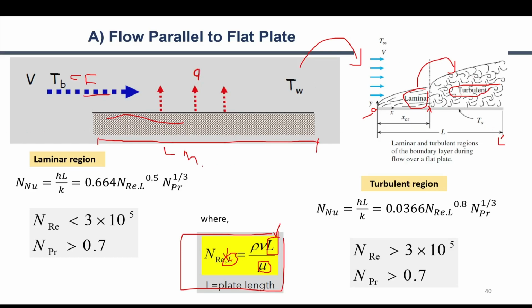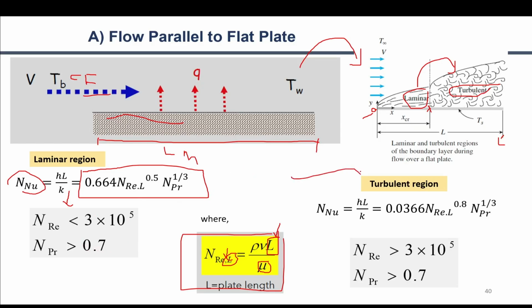Now let's look at the correlations that we can use for the laminar region. For the laminar region, the Nusselt correlation that will be used is this one. It only applies when the Reynolds number is less than 3 times 10 to the power of 5 and the Prandtl number is greater than 0.7.